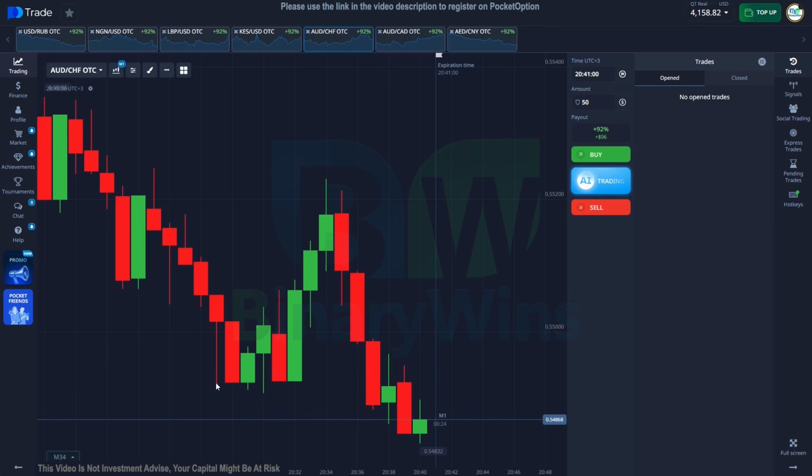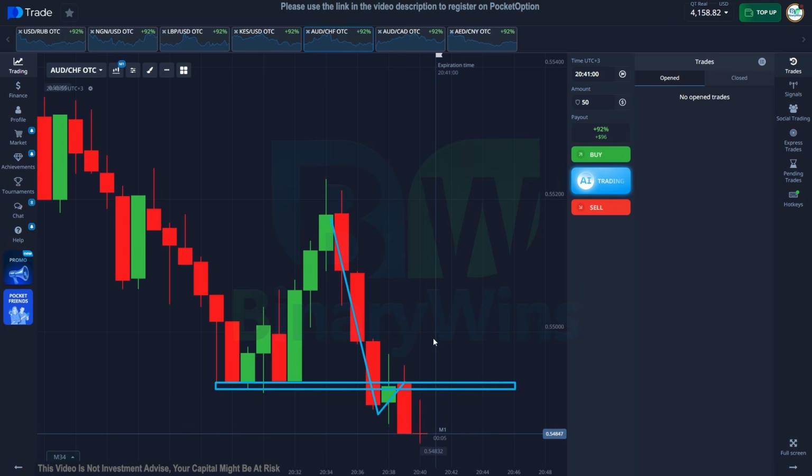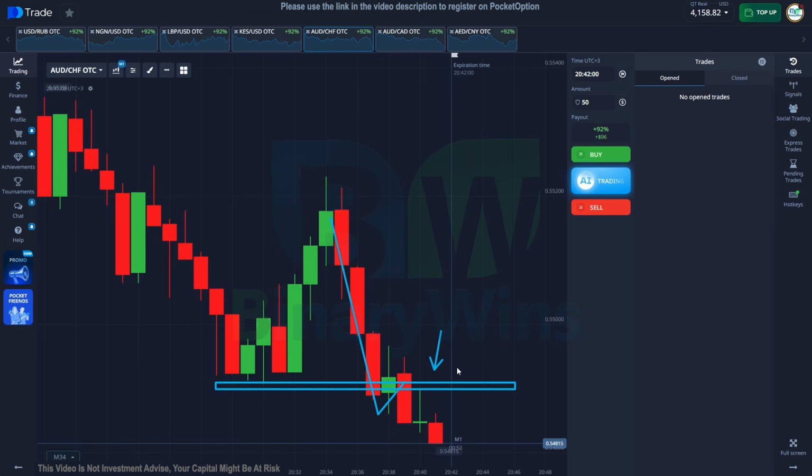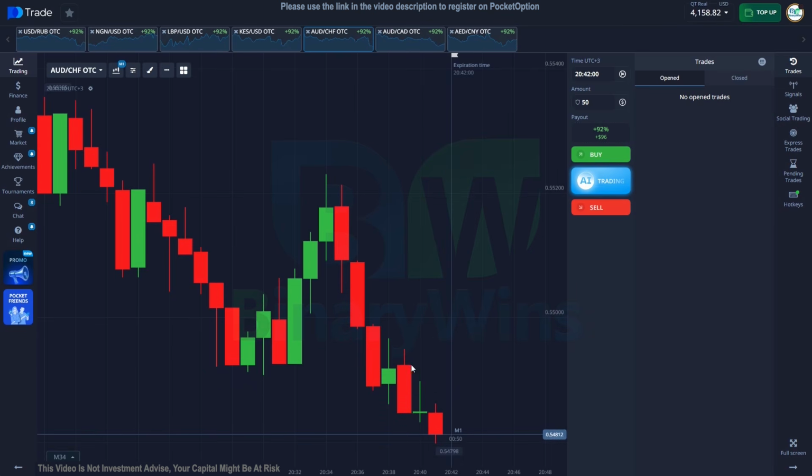We have a support here, which after the candles passed became a resistance for the red candlestick. If you look, the green candlestick could not pass this level. So, there is a possibility that the next candlestick will not be able to break the level and move down.